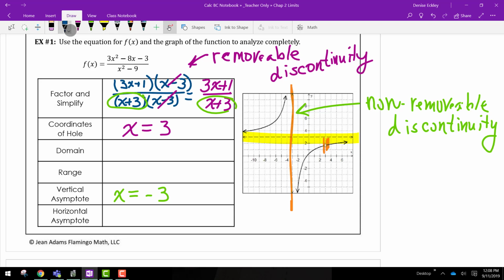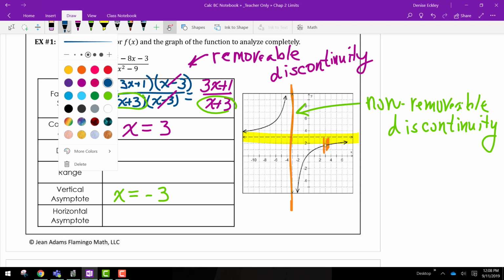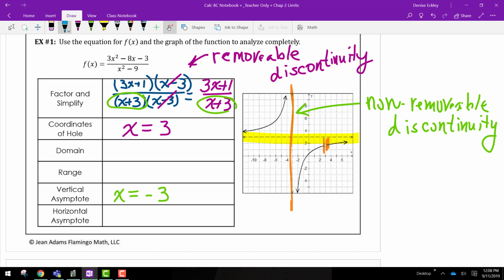So we get y equals 3. Okay, so that's going to affect our range. And our vertical asymptote will affect our domain. So we have two discontinuities. So those have to be excluded from our domain.